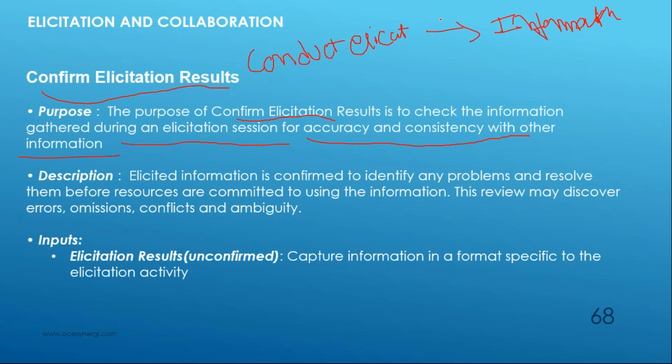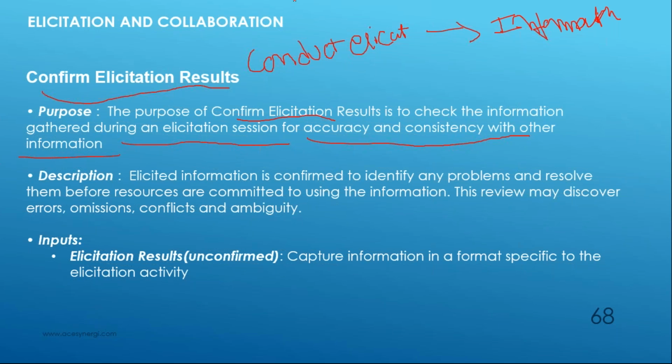What you need to do is sort out all the ambiguities, make sure the missing information is addressed, and then finally seek confirmation from the stakeholders on the elicited information.